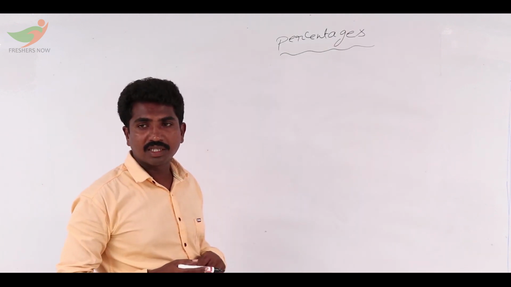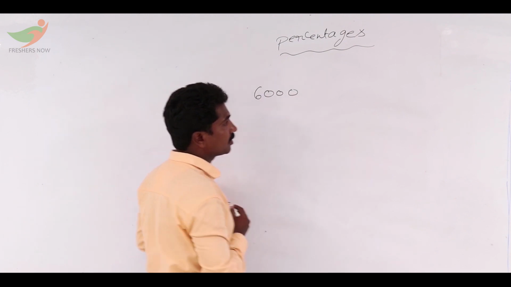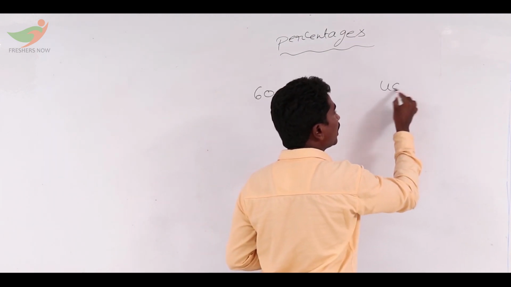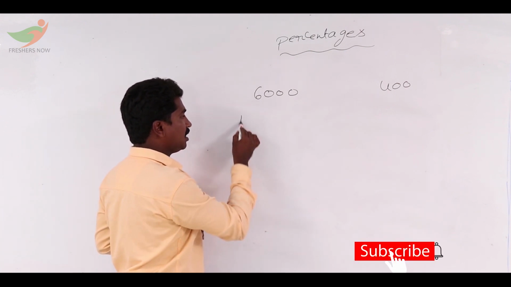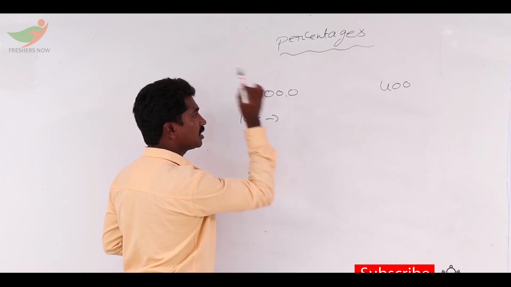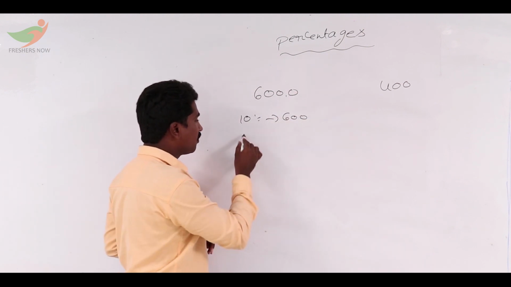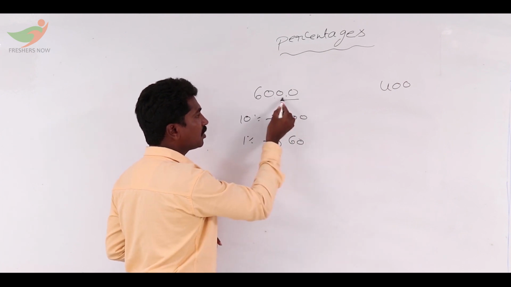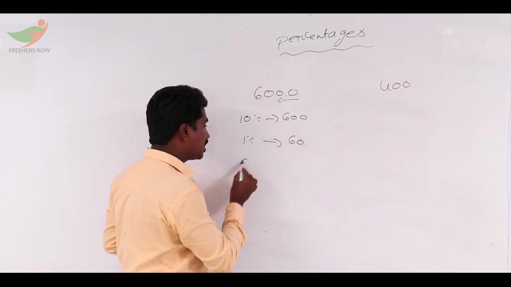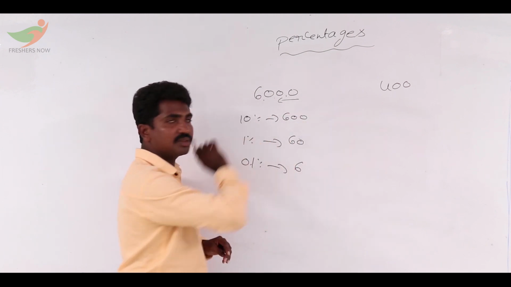Now I am taking some other numbers, 6,000 and 400. On 6,000, the 10% value is how much? 600. Put a point after one digit from right. 1% value, 60. Put a point after two digits from right. 0.01% value, 6. Put a point after 3 digits from right.